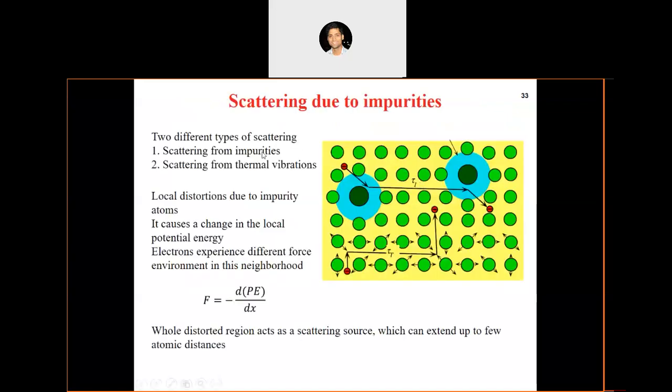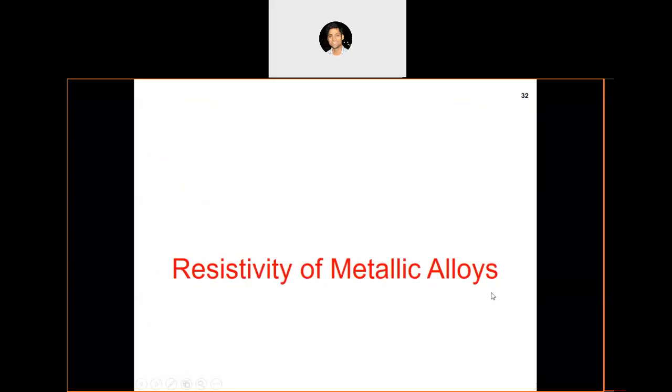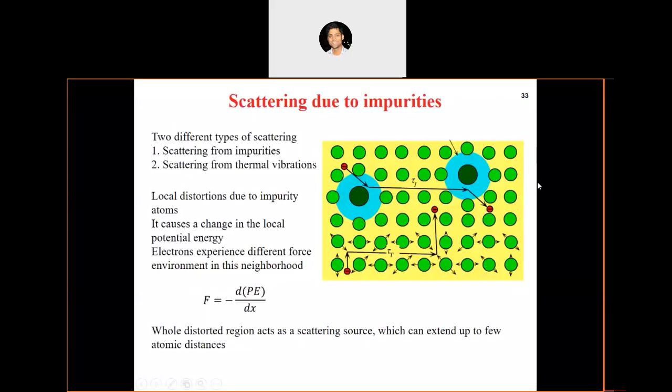Now let us say we are discussing metallic alloys. Metallic alloys means, as we have seen in the previous chapter, there will be atoms of another element in the matrix of the host element, a certain concentration of guest element atoms in the host element matrix. For example, in this picture the matrix is made up of all the green atoms.